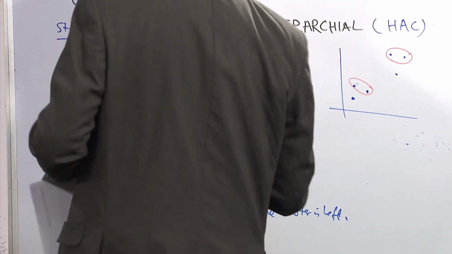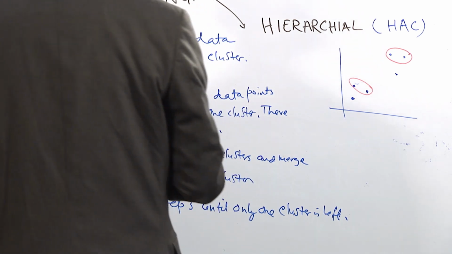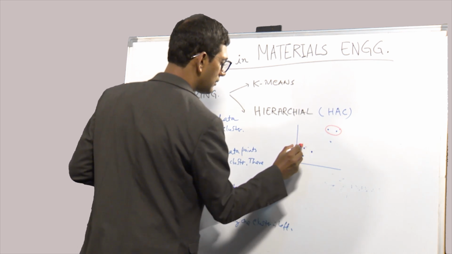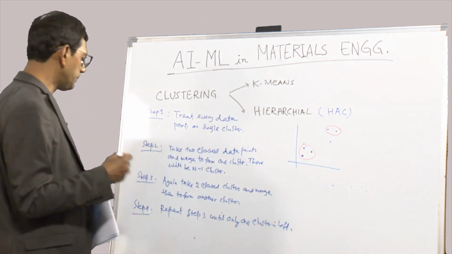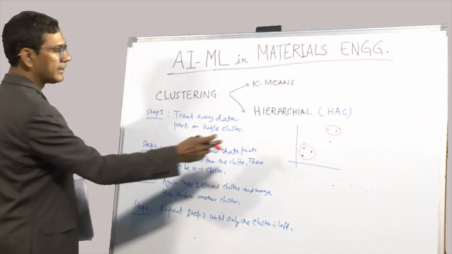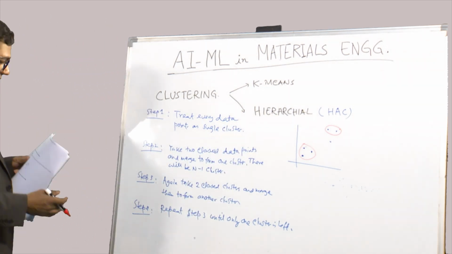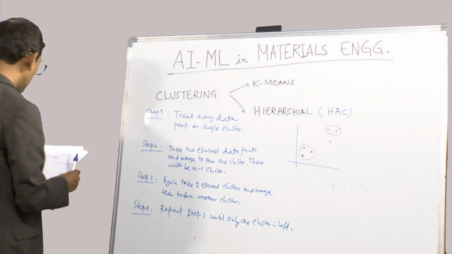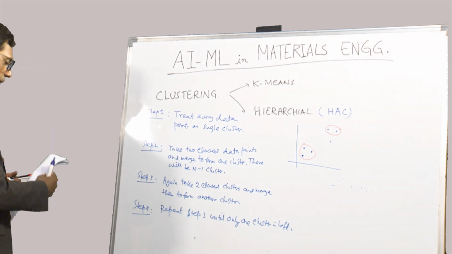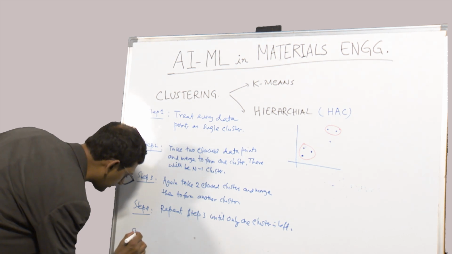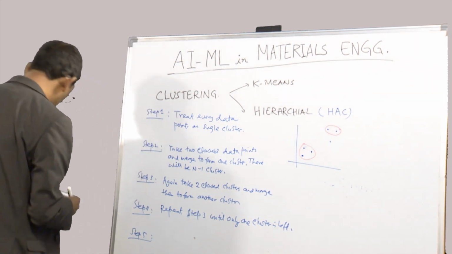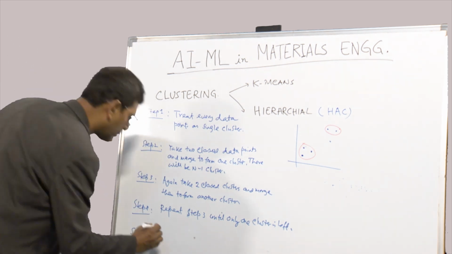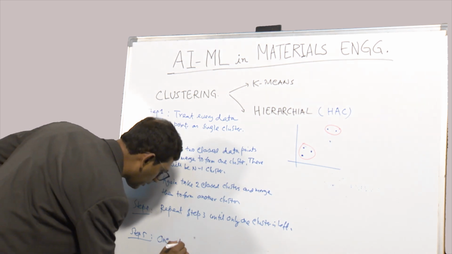So, what you do is very simple here. First we remove this. We have done the repetition of step 3, so that you have only one cluster, right. Then we are almost done. You have one more step. What is that step? Step 5 is the last step. Once all the clusters are combined into one big cluster, develop the dendrogram.